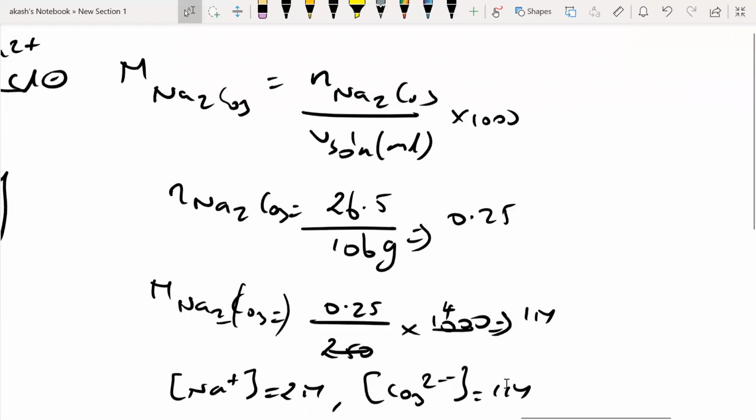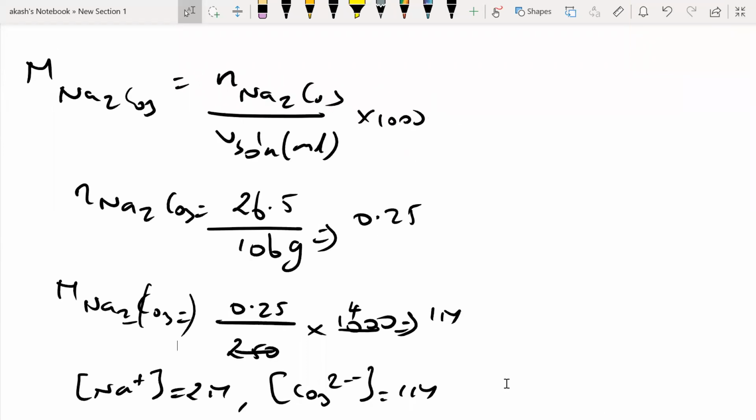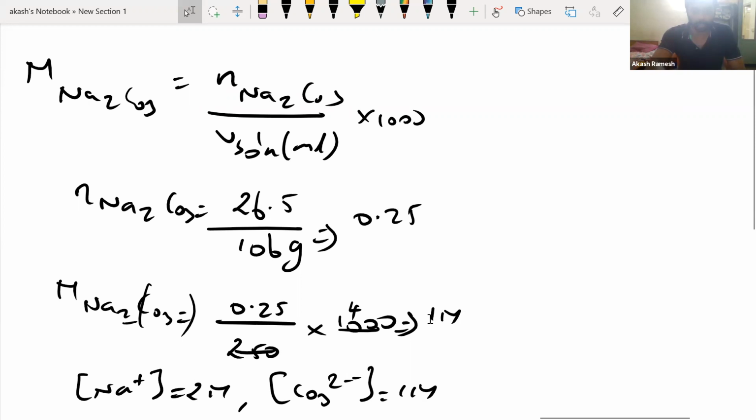Can you repeat the last step again? Yeah, sure. This is how we calculated 1 M, okay? Till this point, yes, sir. Now see, you have Na2CO3 as the formula. If I have 1 mole of Na2CO3, I'll have 2 moles of Na plus because I have 2 here.